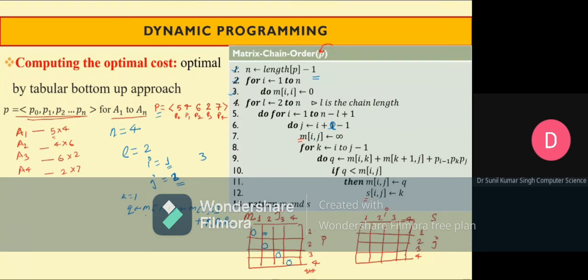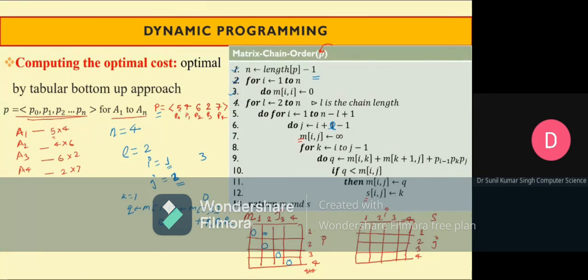Now look at the value of M11. Use this matrix, this table. Value of M11, first row, first column, is given here, that is 0. M22, first row, second column, that is given 0. Now we have to compute P0, P1, P2.